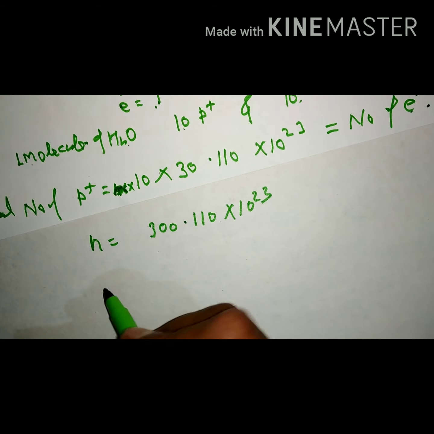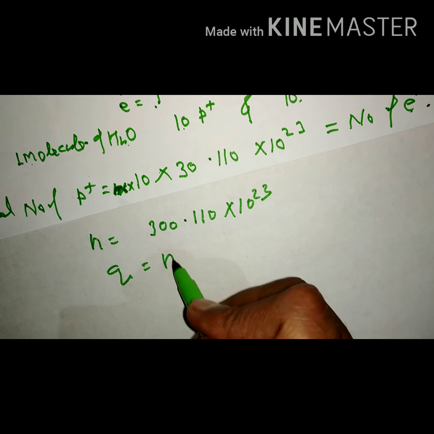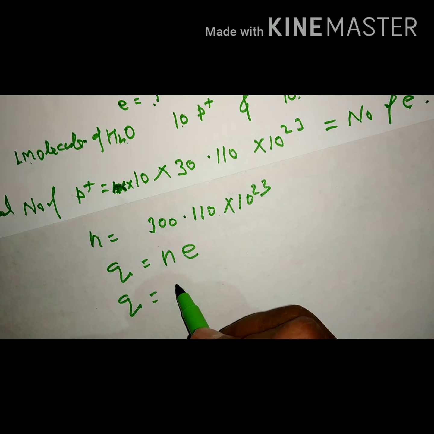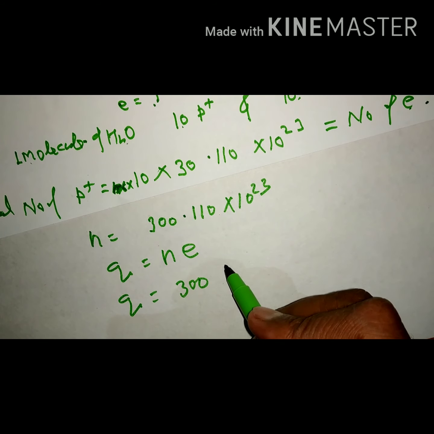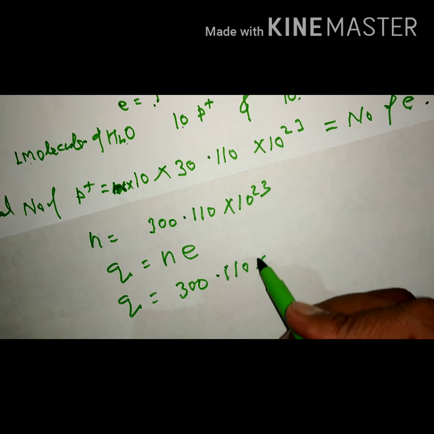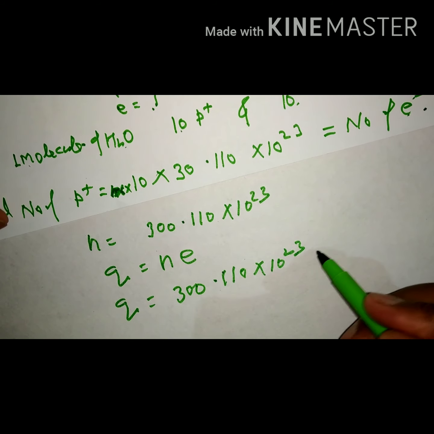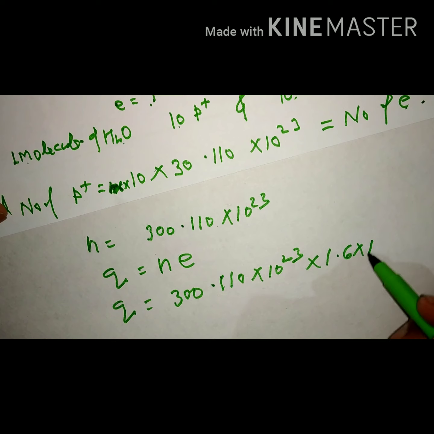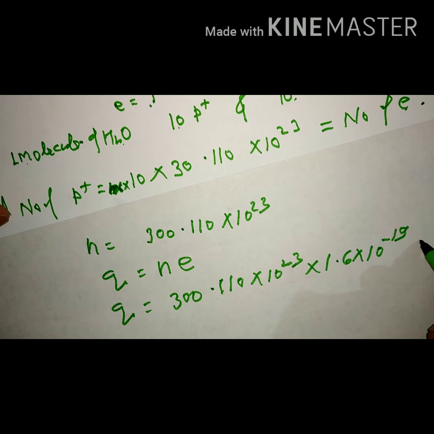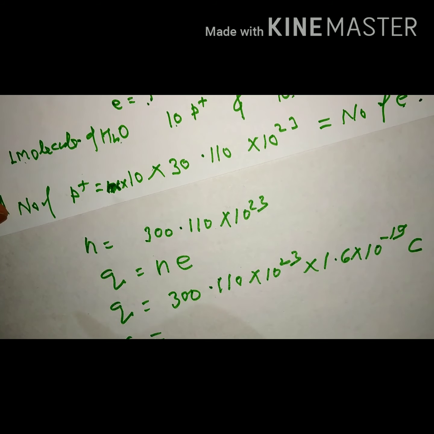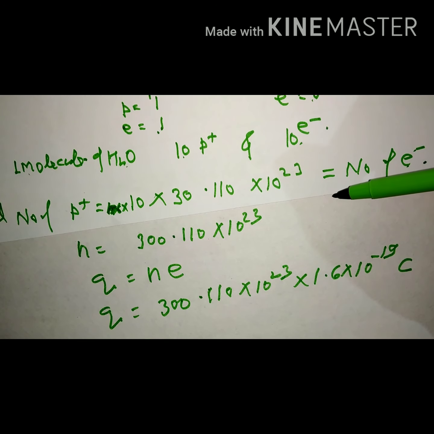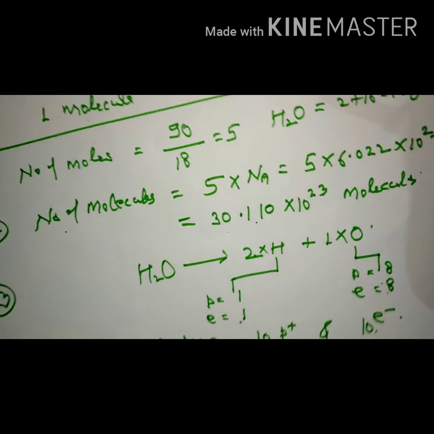Now the total charge Q equals N into e, and Q equals 300.110 into 10 to the power 23 into the value of e, elementary charge 1.6 into 10 to the power minus 19 coulomb. So we can find the total negative charge in a given substance.